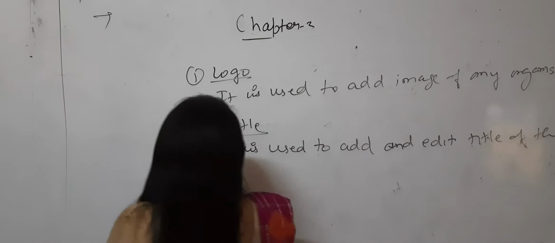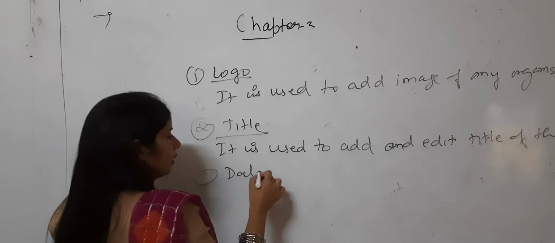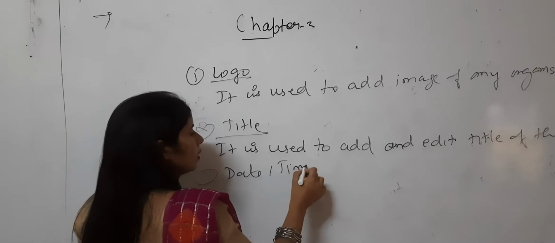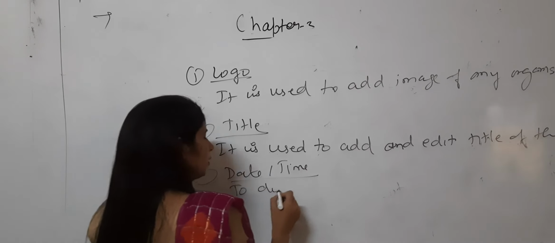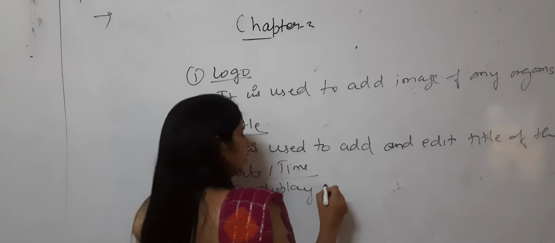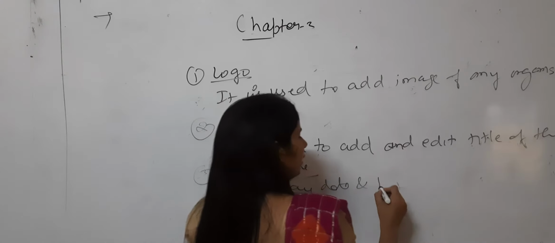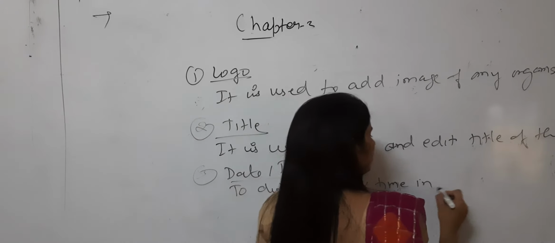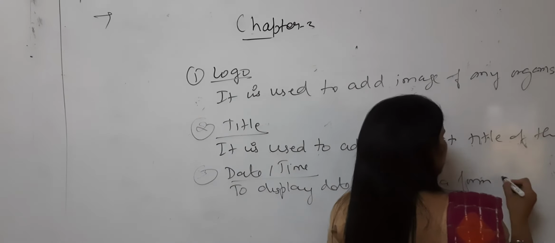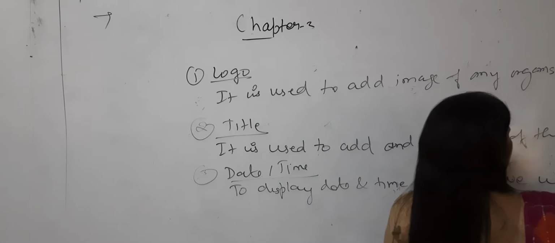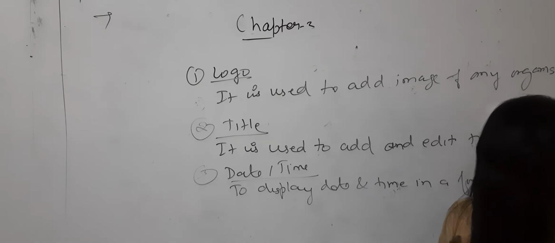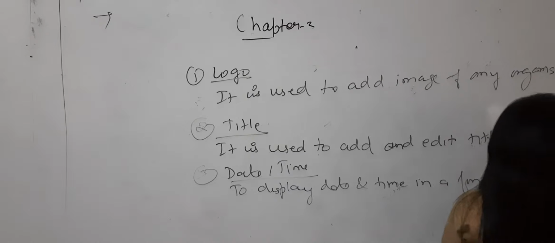Now what is the third one? Date and Time. To display the date and time in a form, we use the Date and Time option.